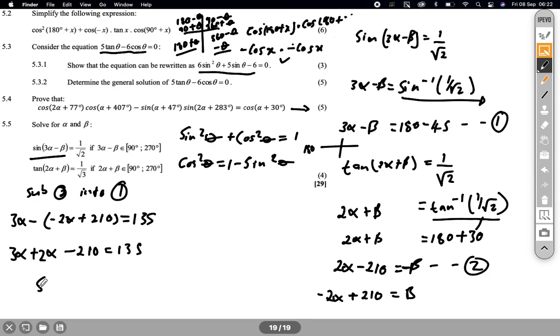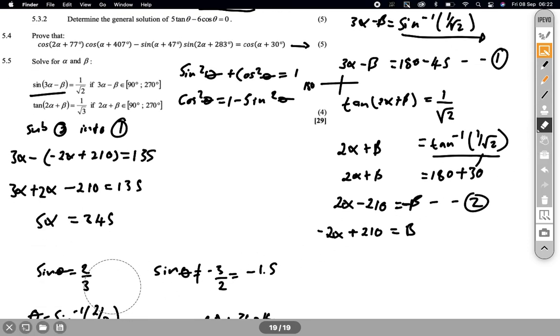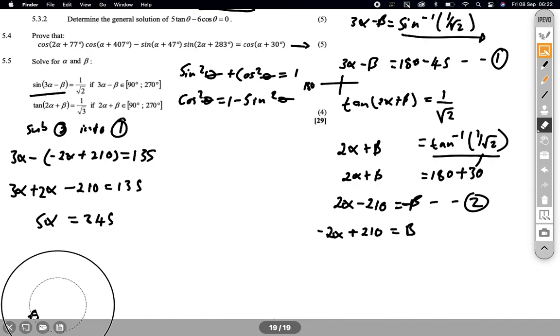Okay, now we're going to have 5 alpha, and we're going to transpose this 210, which is going to give us 345. Now, the next step is to divide both sides by 5 in order for us to isolate alpha. Okay, we divide by 5 and alpha is equal to 69.